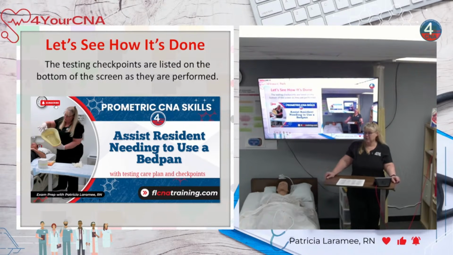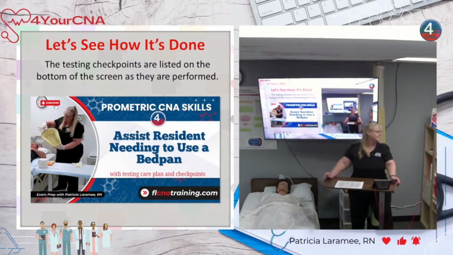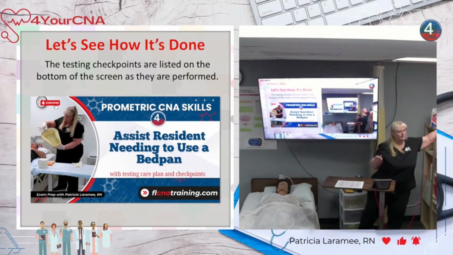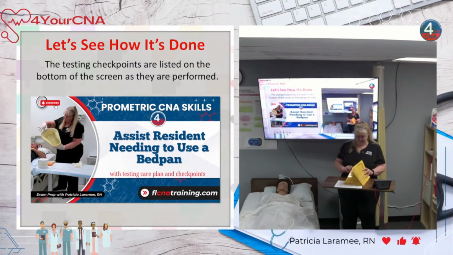If you go to page 25, see if you can find the care plan set that has bedpan on it. Do you see it? Feeding a resident in a chair and passive range of motion.